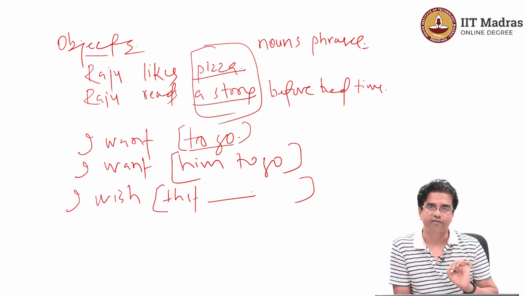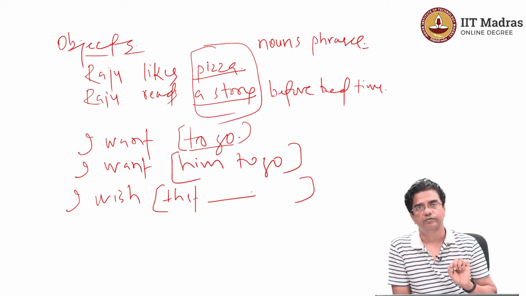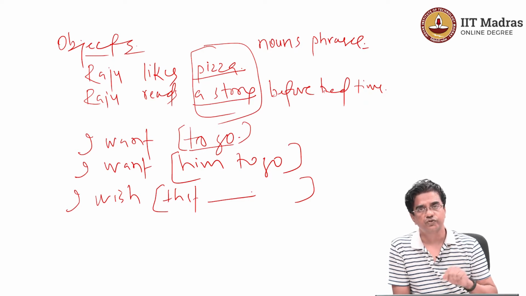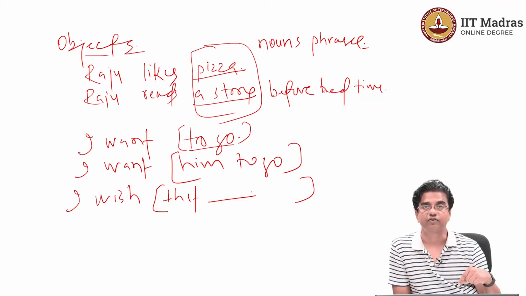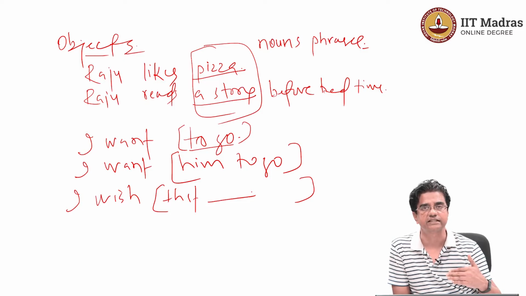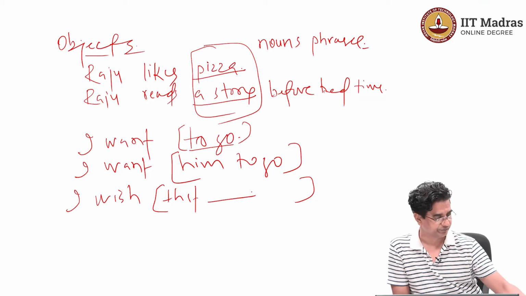We know that every sentence will have a subject and a verb, and verbs have objects. So today I am only discussing a couple of types of subjects and a couple of types of objects. Some of these things we have already seen, but we haven't paid attention to them in the order that I am presenting them to you today.